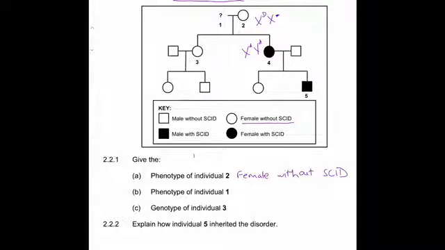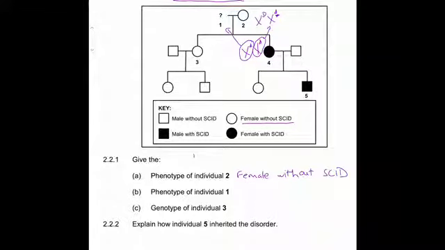Having said that, in order for individual 4 to inherit 2 copies of the recessive allele, she has to get 1 from her mother, and therefore this second allele must be the recessive allele. This first allele she must therefore get from her father.